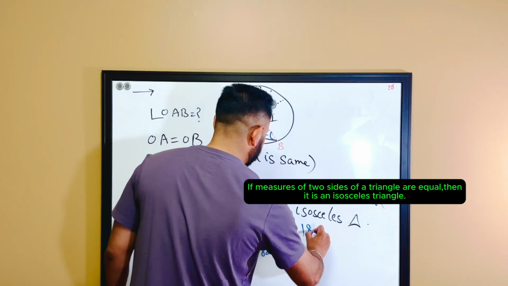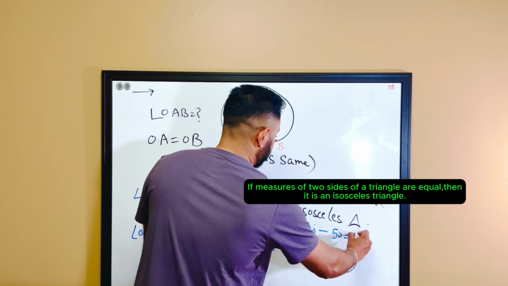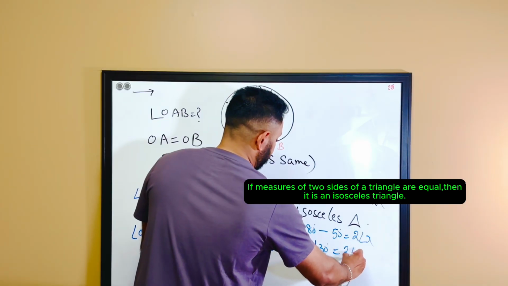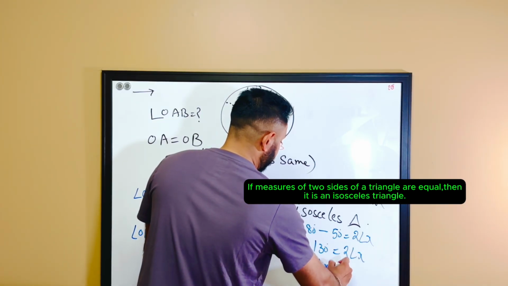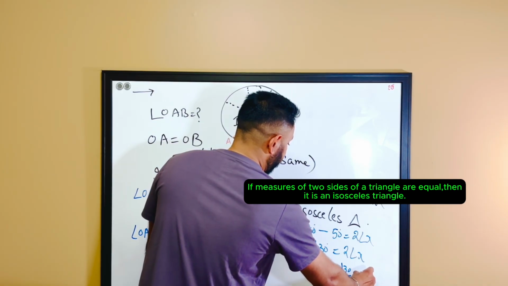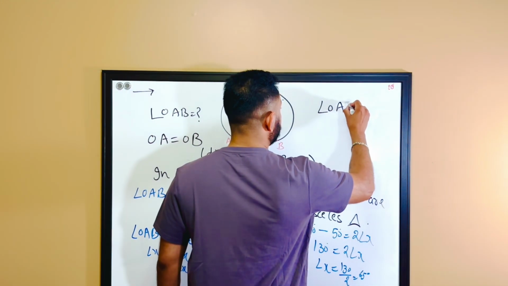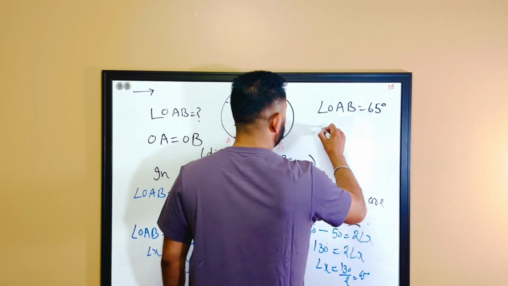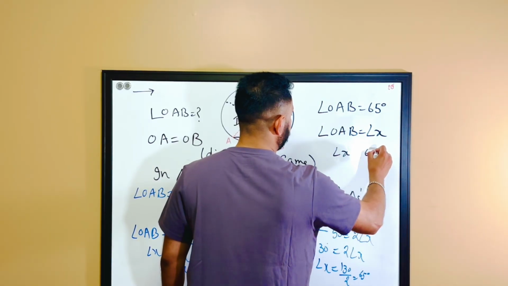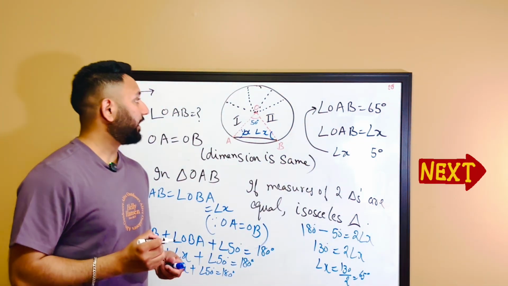So 180 minus 50 is 2x. So x comes out to be 130 divided by 2, which is 65 degrees. So that means angle OAB is 65 degrees, because OAB is equal to x and x is 65. That is the reason OAB is 65 degrees.